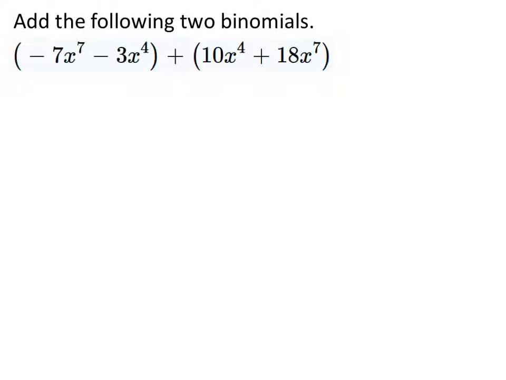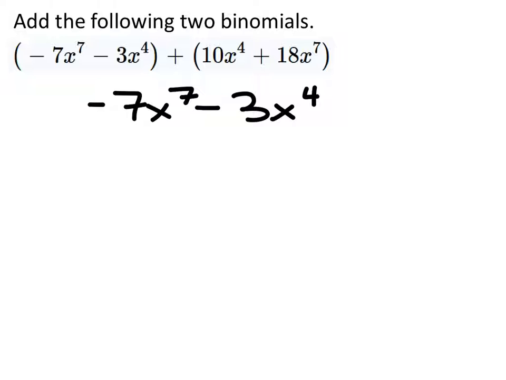Adding, again, is literally just looking for like terms. But we could look at it a little differently. In this case, we have negative 7x to the 7th minus 3x to the 4th. If I stack these, I just need to make sure that like terms are in the same columns, kind of like a matrix.